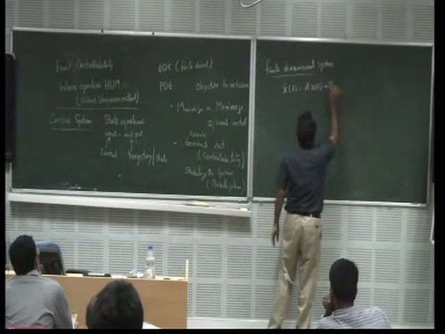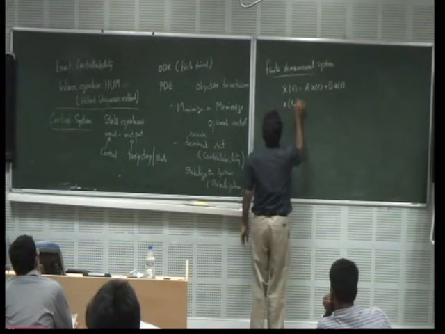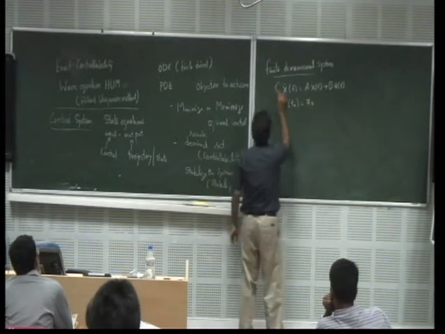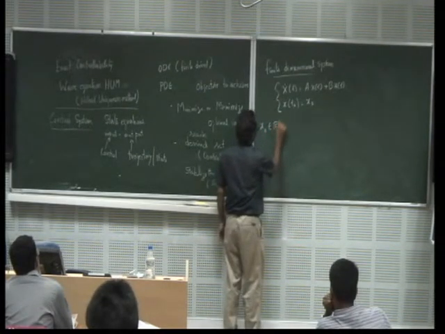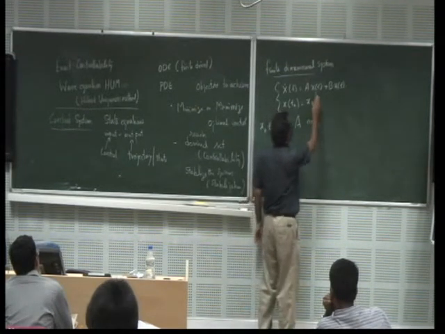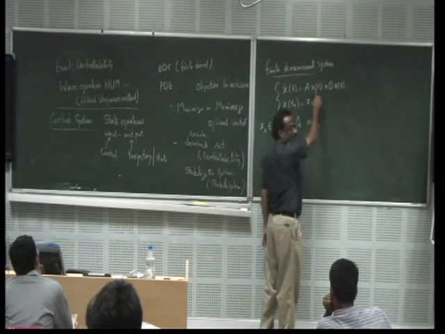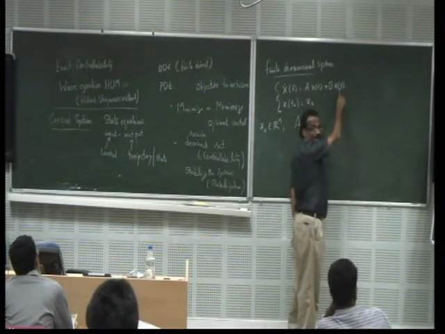This all of you know: x' = Ax + Bu(t), with x(t0) = x0, where x0 is in R^n. So A is an n by n matrix, and even though there will be n trajectories to control, it's not necessary that you apply n controls.